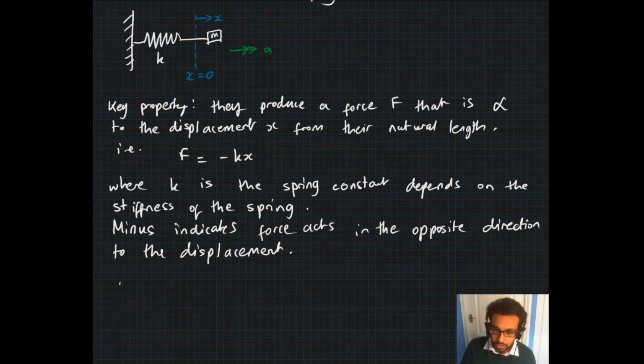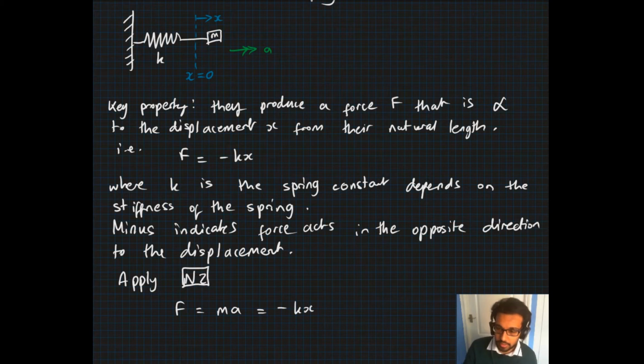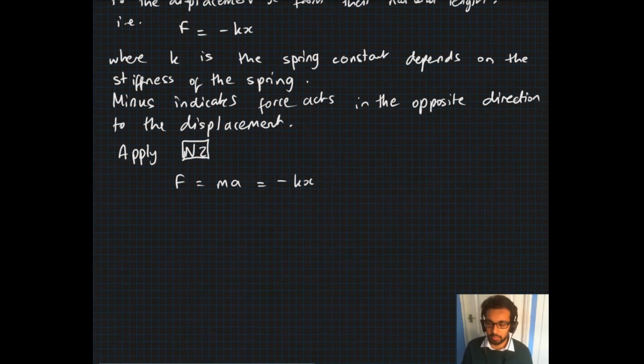So now if we apply Newton's second law, so I'm going to write that as apply N2, then we have F equals ma, which equals minus kx. So the mass times acceleration equals minus the spring constant times the displacement. So we can alternatively write this using derivatives.